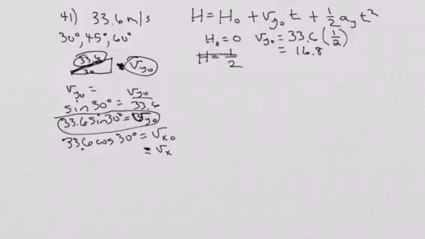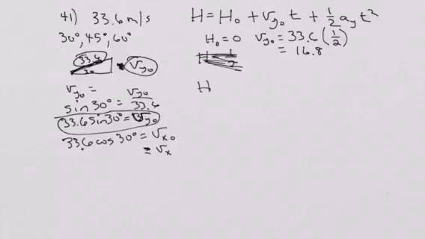So my height, I'm going to rewrite this. The height of the baseball at any given moment, with h sub 0 equal to 0, equals 16.8 times t. A is equal to negative 9.8.